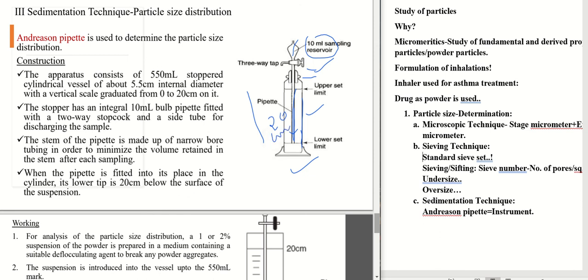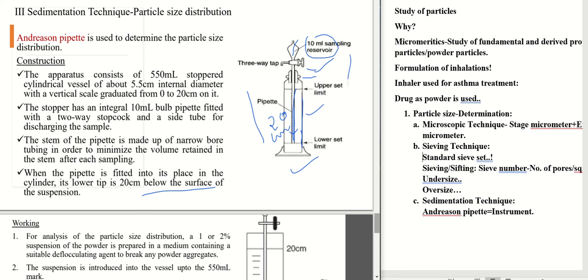Now in this vessel we'll be taking the sample, and the pipette is to be placed inside this instrument in such a way that the stem should be immersed to a length of at least 20 centimeters. In other words, the lower tip is 20 centimeters below the surface of the suspension.